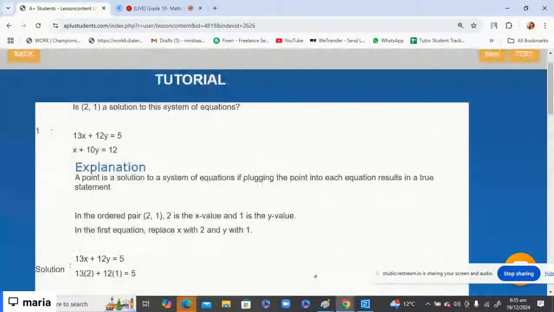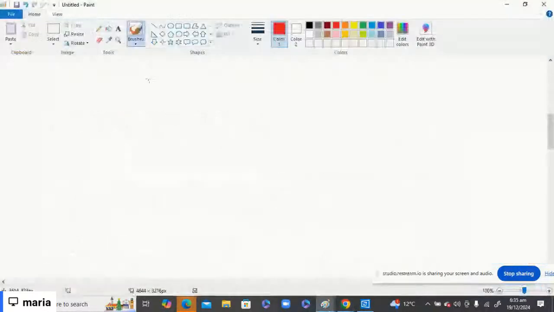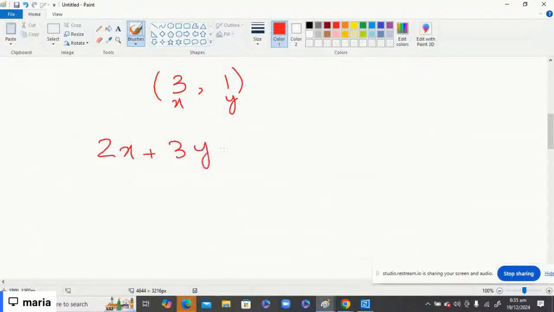For example, let me put here some values, something like 3 and 1. This is the value of x, this is the value of y, and here the equations are given. Two equations are given. One equation is 2x plus 3y equals 5. You just put the values of x and y in it.